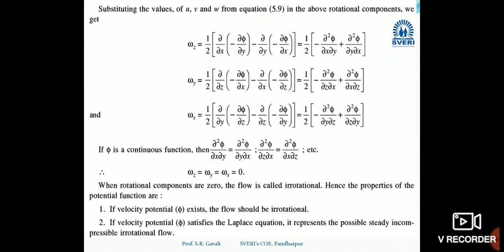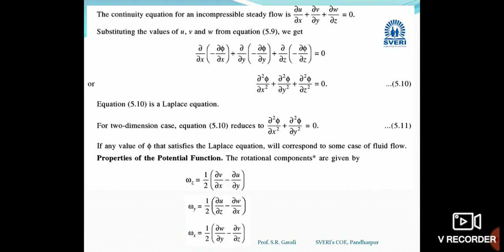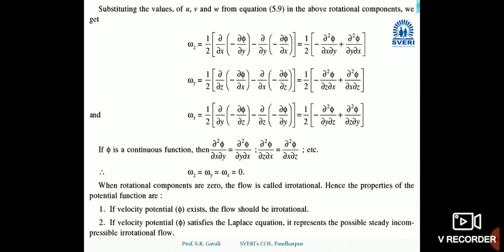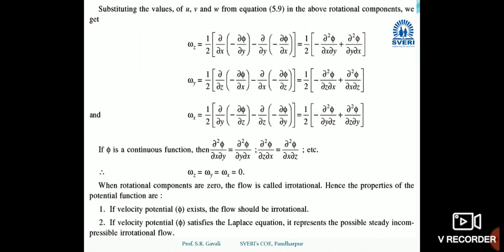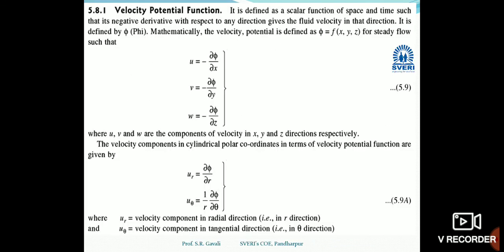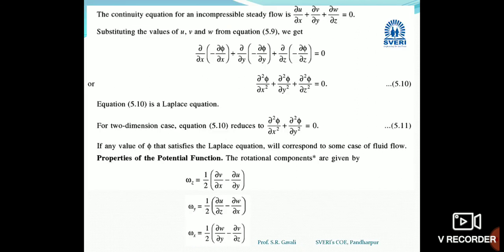And now the last thing is the Laplace equation. We know the continuity equation: dou u by dou x plus dou v by dou y plus dou w by dou z is equal to 0.